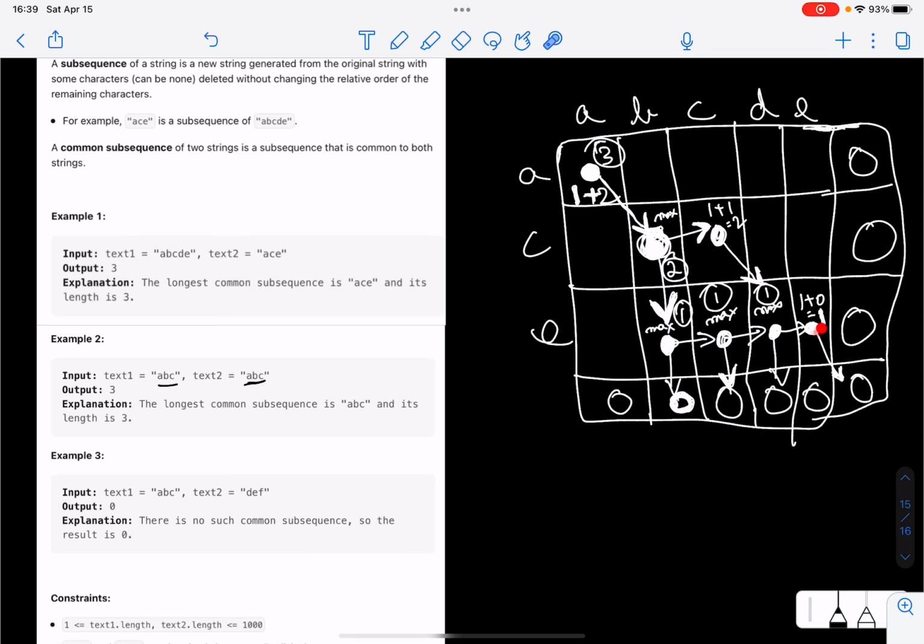We start over here, and we go about calculating the values in reverse order, because one thing to notice is we either go diagonally downwards or we go to the right or bottom. So if we start over here and go from right to left, from the last row to the top row, then we don't run into issues.